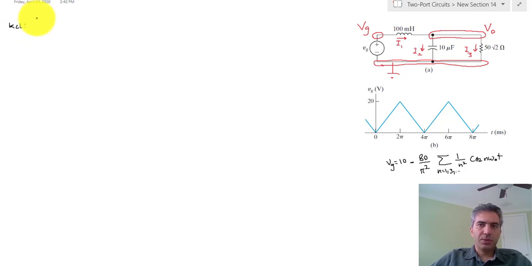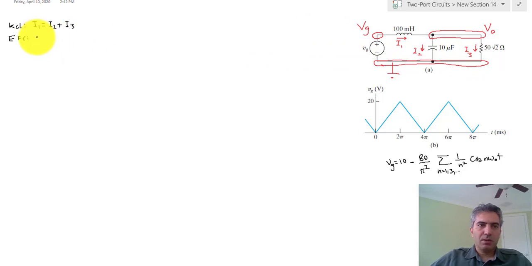For the KCL, we have the current I1 going into node V out, and the two currents I2 and I3 leaving. Then for equations of the components, we have three components for which we haven't written the equation. This one is already taken care of by putting VG over there.